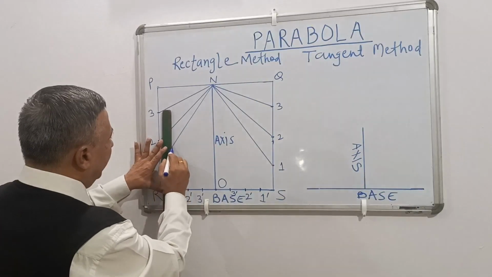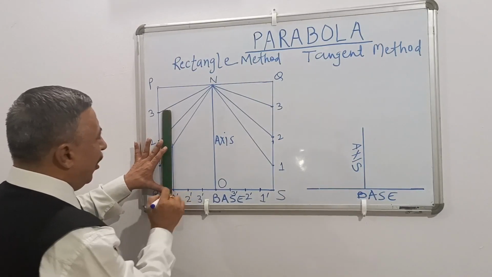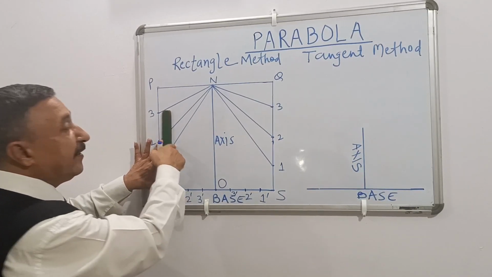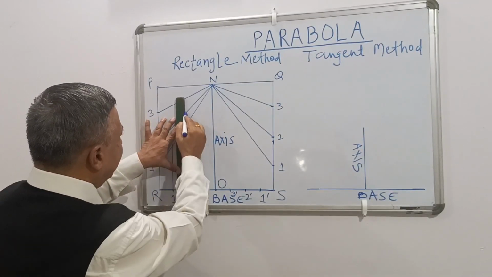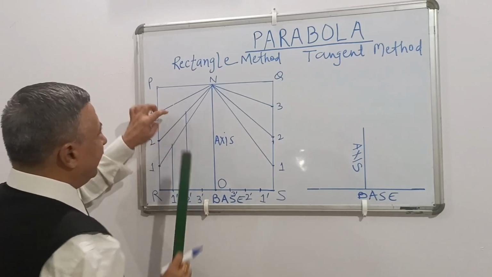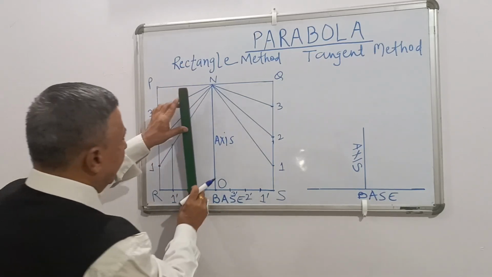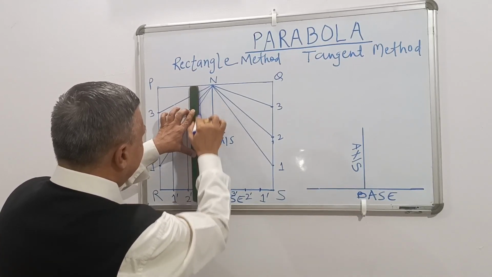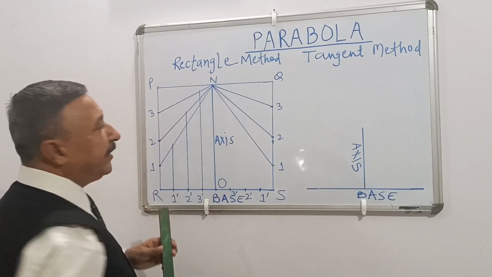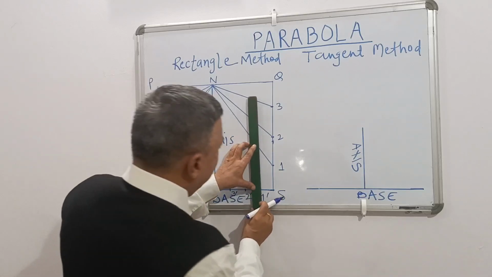The first perpendicular line is drawn on 1 dash till it intersects 1N, just like this on 2 dash till it intersects 2N, and on 3 dash till it intersects 3N. The same way we can draw here.